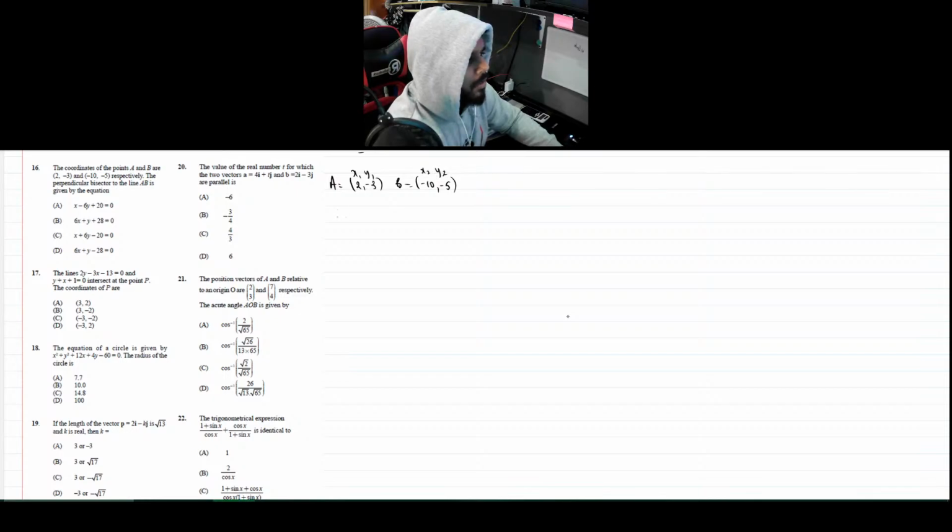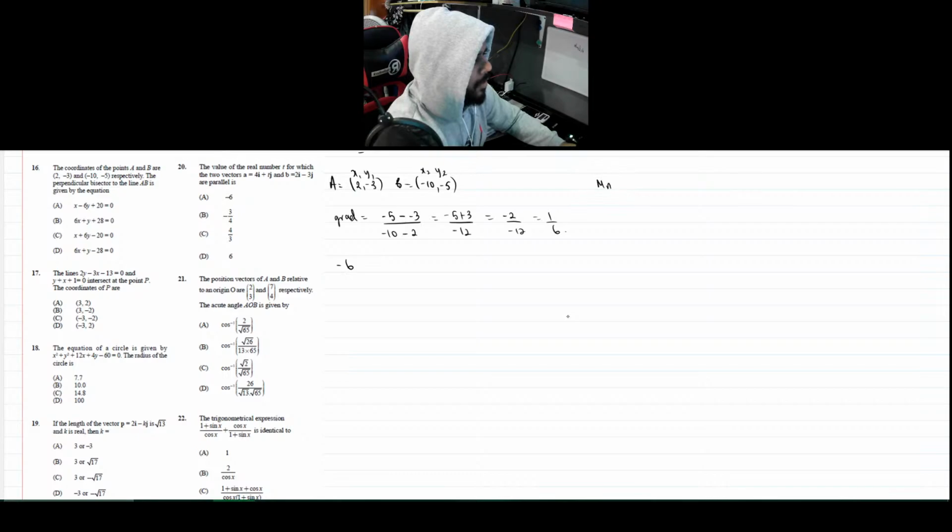The gradient is equal to y2 minus y1 over x2 minus x1. That is minus 5 plus 3 over minus 12. Minus 5 and 3 is minus 2 over minus 12, which is 1 over 6. So the gradient of the perpendicular bisector will be minus 6.